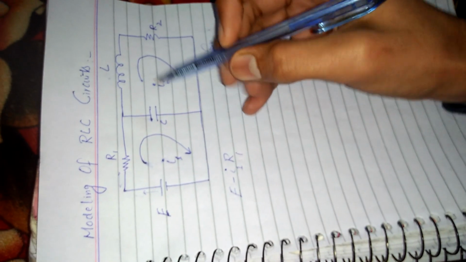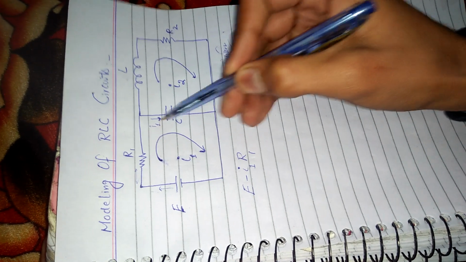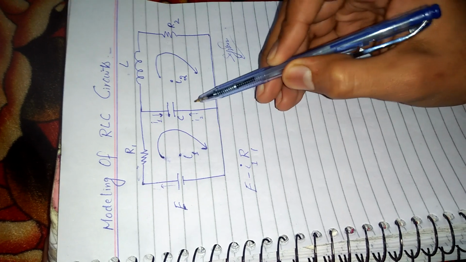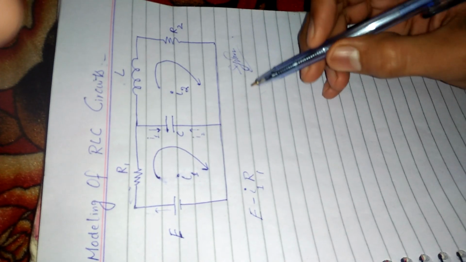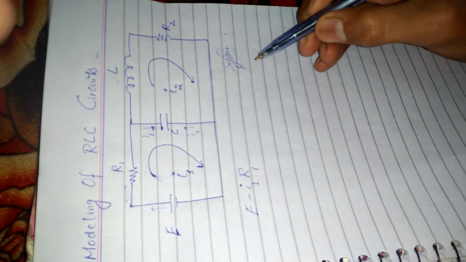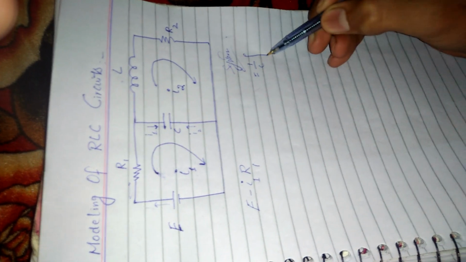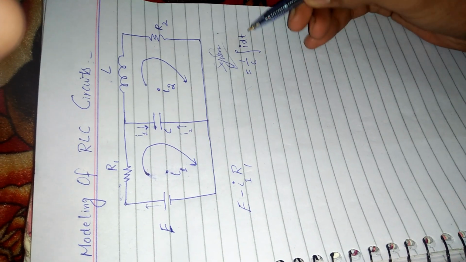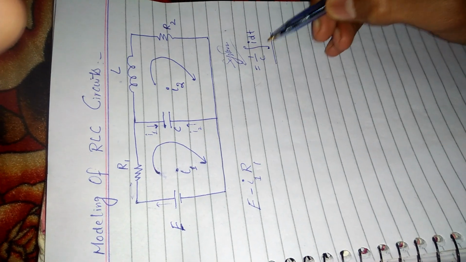If we write the equation for the capacitor, it is 1 over C times the integral of the current dt.